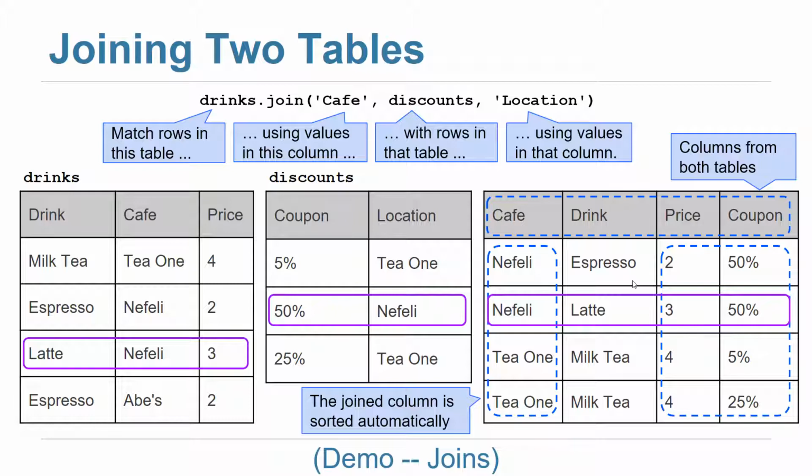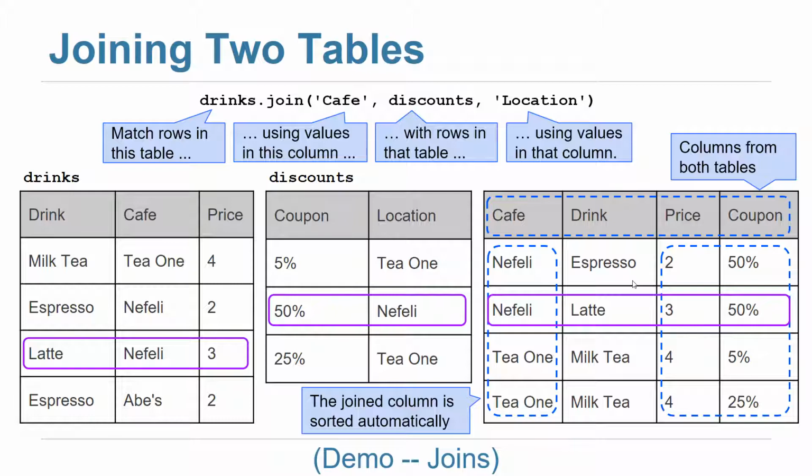This function will have two parameters. It will take the original price and the discount, and return the discounted price. Now, if you remember the apply function, it will take this function and the two columns, and that means it will be applied on every row and produce an array. Now we can take this array and add it as a column to the table.